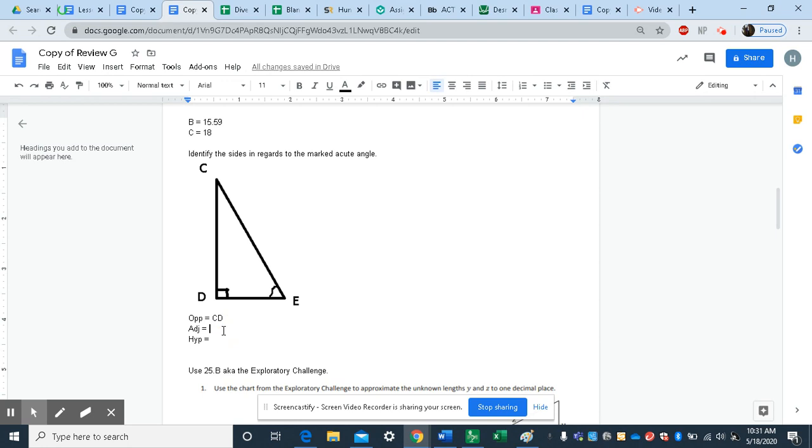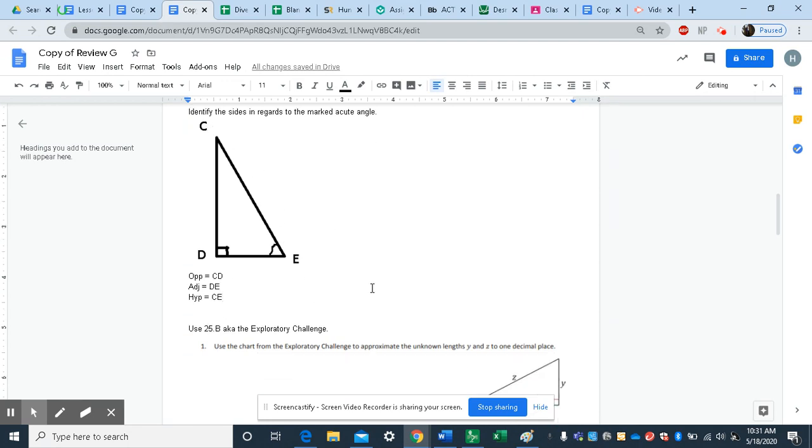So the adjacent, the one that's attached to the acute angle, that's the leg that's attached. This would be DE because it's adjacent, it's attached to the acute angle, and it's one of the legs. And then our hypotenuse is the diagonal. So in this case it would be CE because that's the name of the diagonal. Again, we name the side of the triangle by using the 2 endpoints of it.